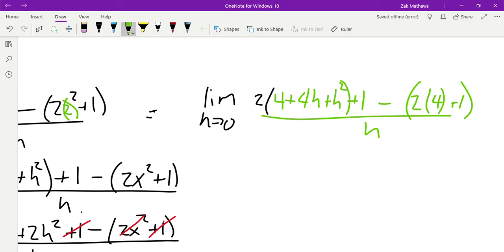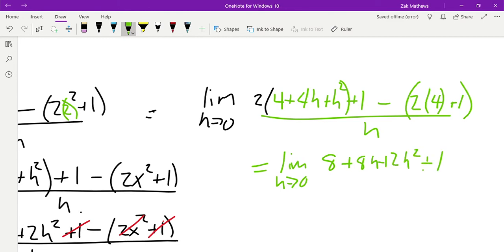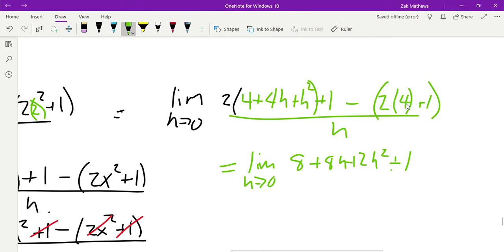still over the h. We can write this as the limit as h goes to 0 of, we're going to distribute the 2, so we'll have 8 plus 8h plus 2h squared plus 1. Then here we have 2 times 4, which is 8, plus 1 will give us 9.